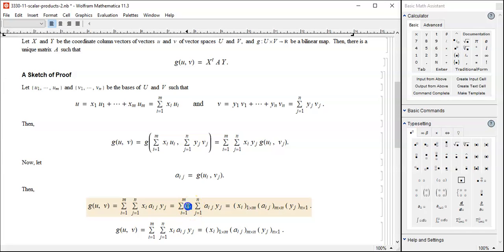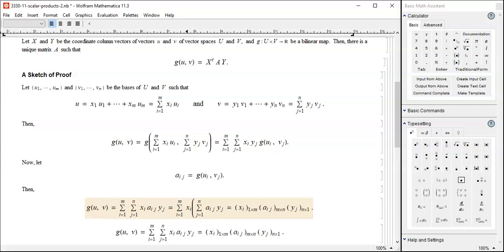Oops, copied and pasted in the wrong place. Okay. Okay, what did I just do? Here I just multiply this common coefficient out of the summation of j running from 1 through n.